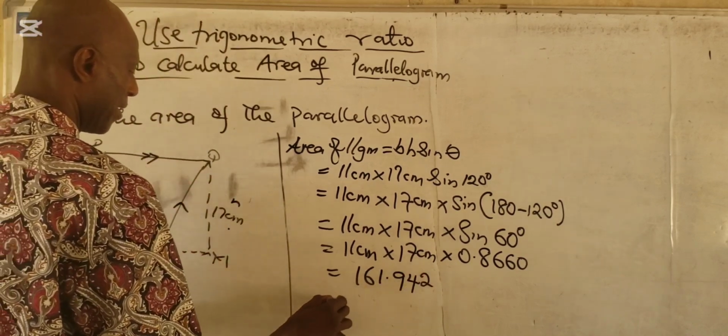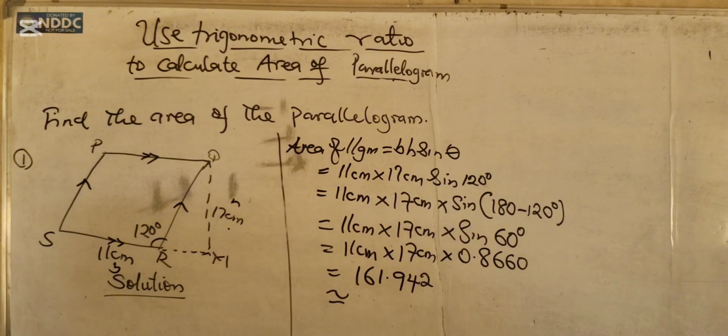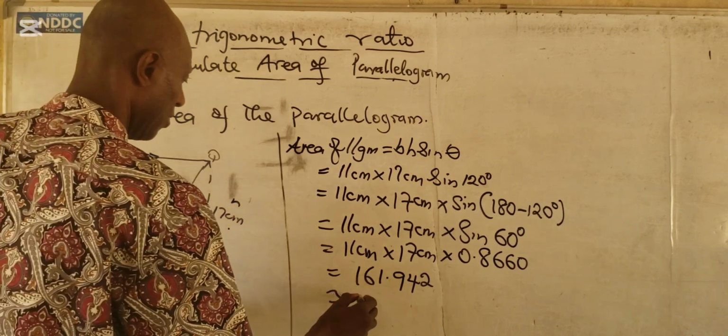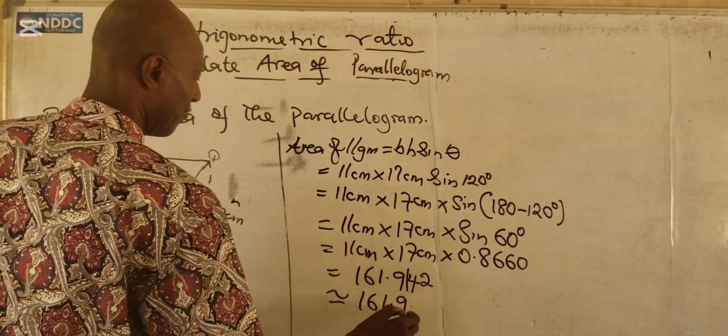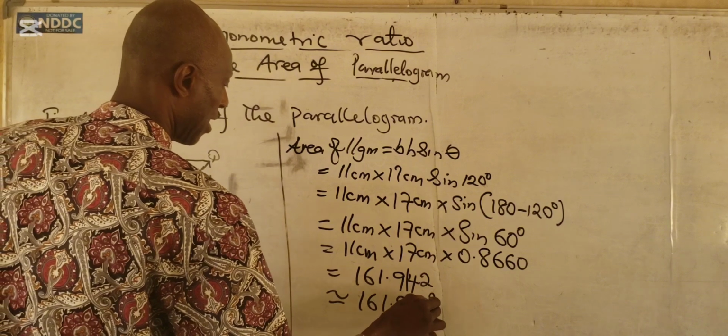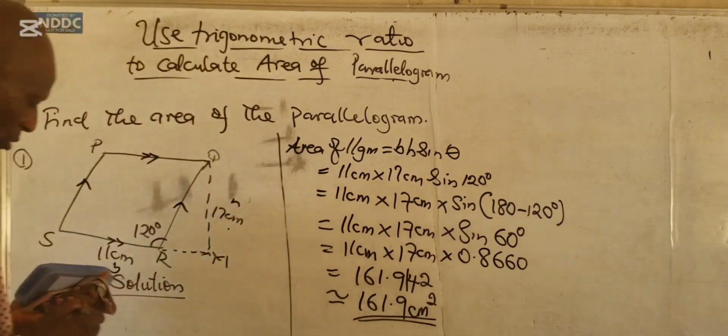So let us approximate to 4 significant figures or 1 decimal place, which is 161.9 cm squared. So that is number 1.